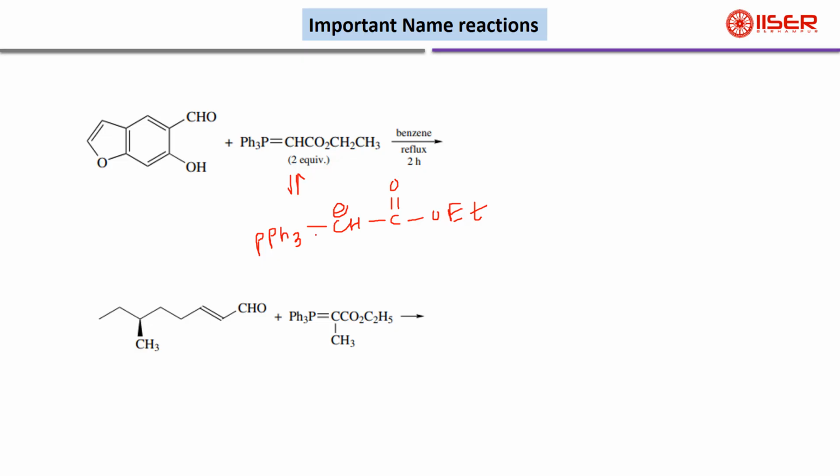Between these two, which one is more unstable? Obviously this one, because it has a methyl group here, so it donates some electron density towards the carbon. So this center is a bit more stabilized than that one. But in both cases we have an ester group. That means we can consider them as unstable halides. So, what will be the product here?